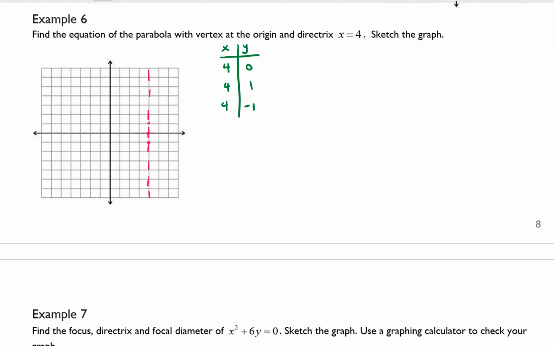And then we know that the vertex of our parabola is at the origin. And since the directrix is on the right-hand side, that tells us that the focus is going to be here at (negative 4, 0). And so our parabola is going to look something like that.